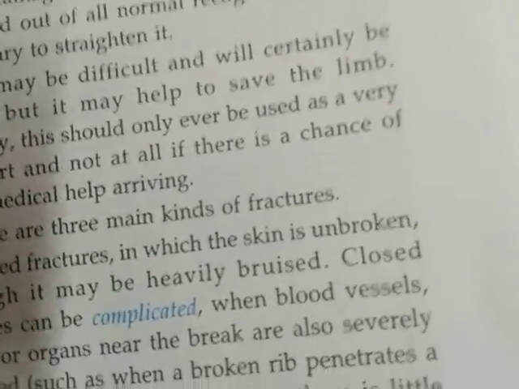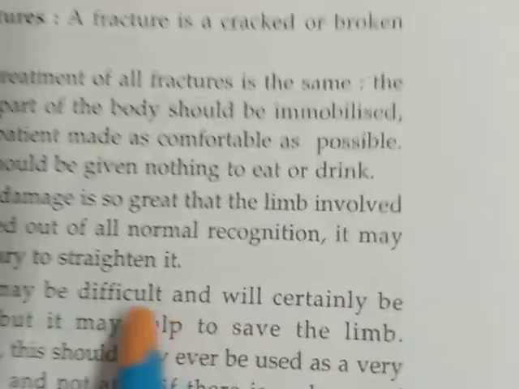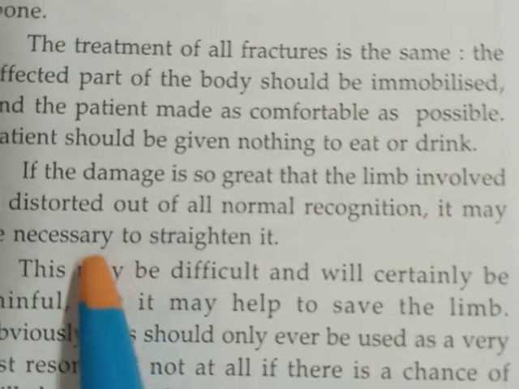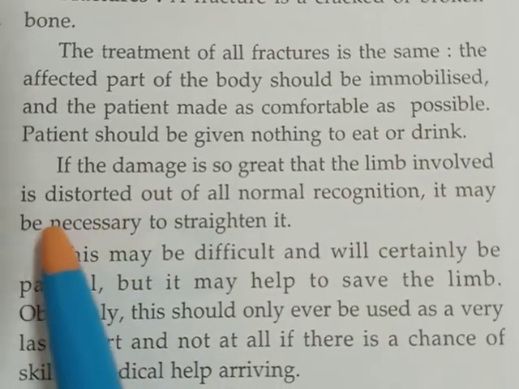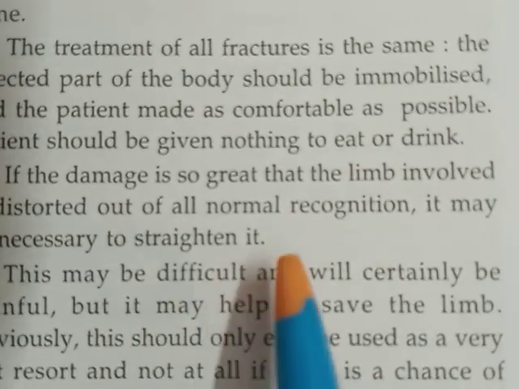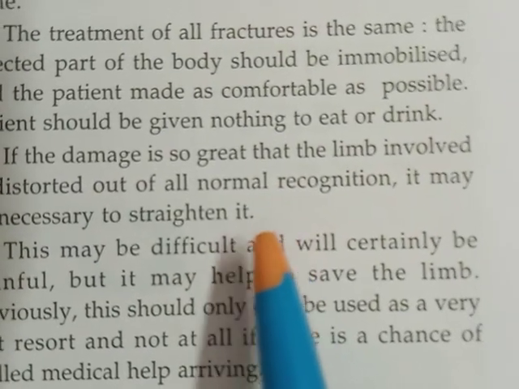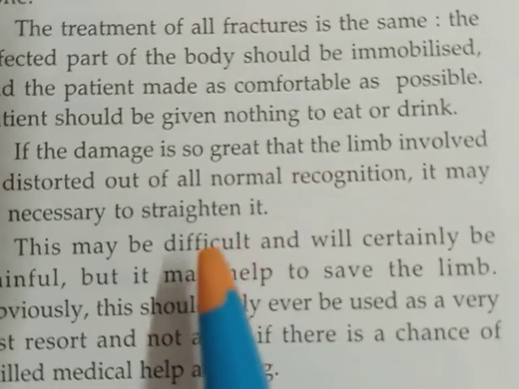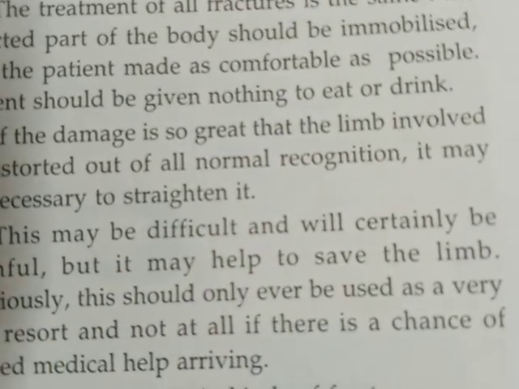Suppose children, any part of the body, that is limbs or legs, if it is fractured or not fractured, if it is distorted, means it has become out of shape, that should be brought to its normal position by straightening it.